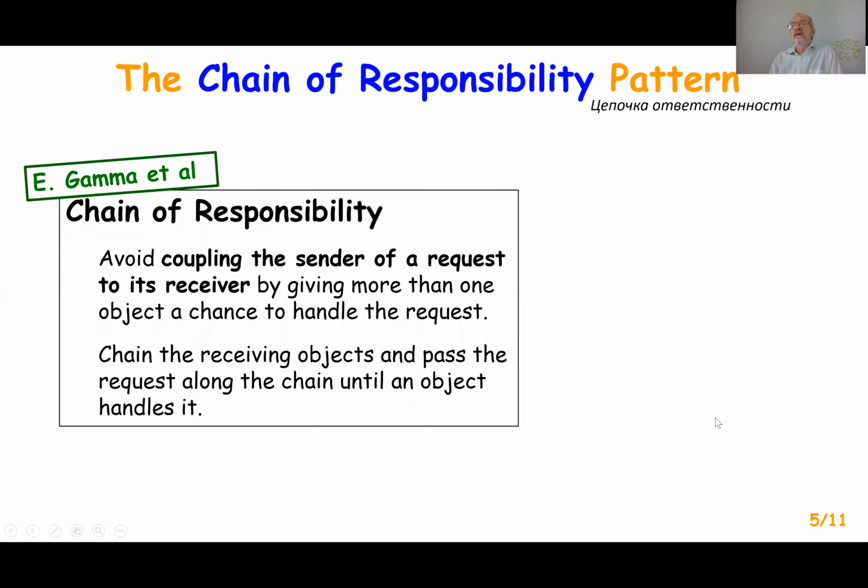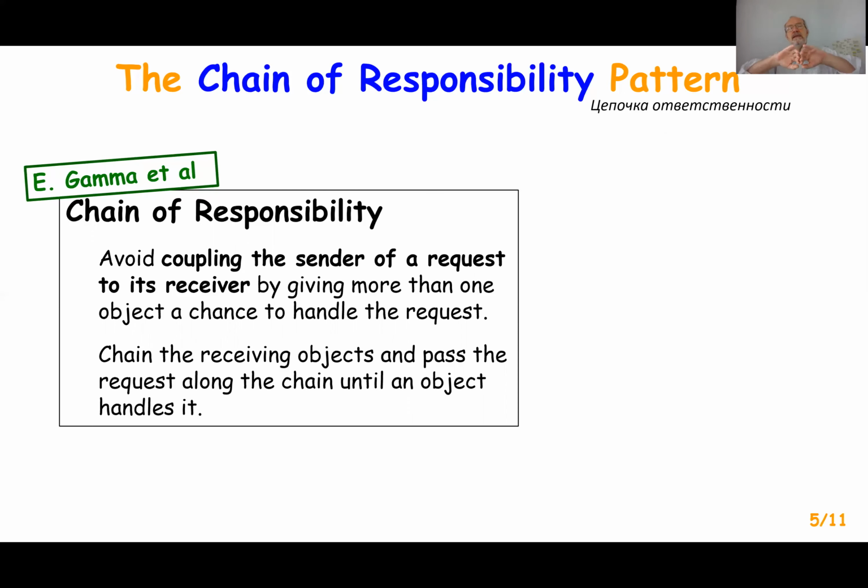Excuse me, let me move my picture a little bit aside. The chain of responsibility. Erich Gamma gives the following definition of this pattern: avoid coupling the sender of a request to its receiver by giving more than one object a chance to handle the result.